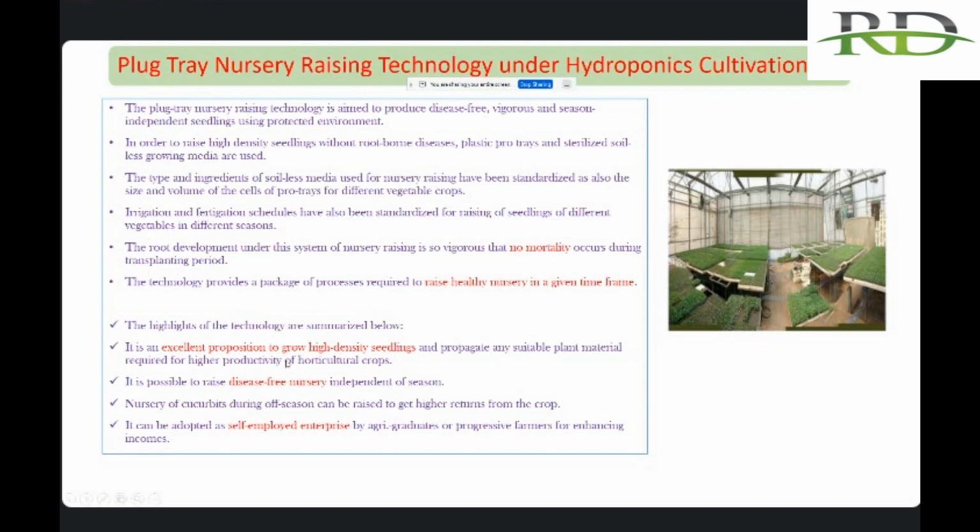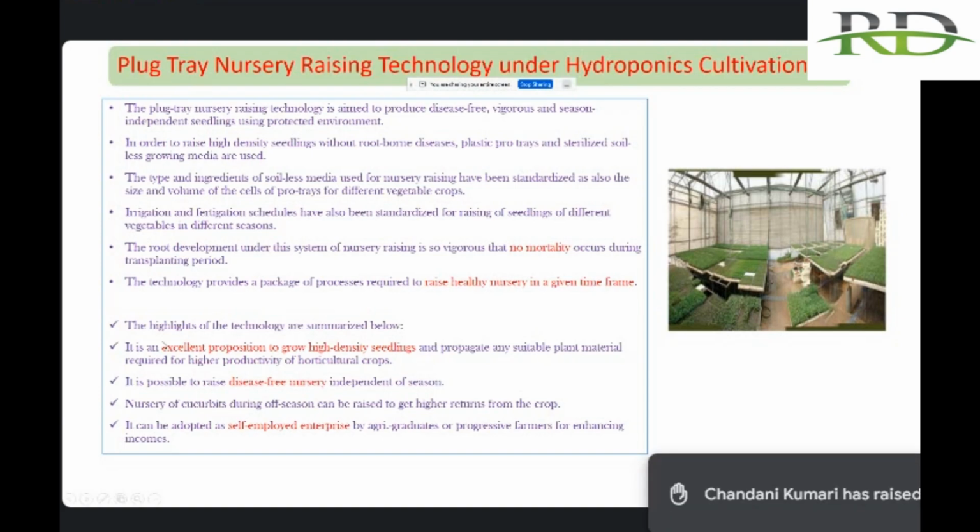So in other words, this is an excellent proposition to grow high density seedlings and propagate any suitable planting material for higher productivity of horticultural crops. These raised seedlings are disease free. And a nursery of cucurbits during off-season can also be raised to get high returns.